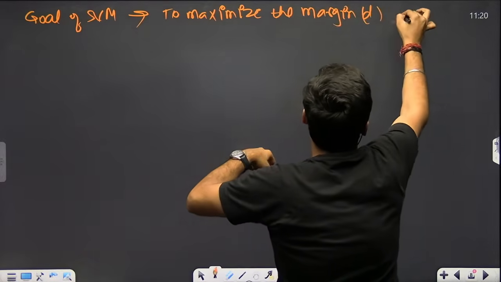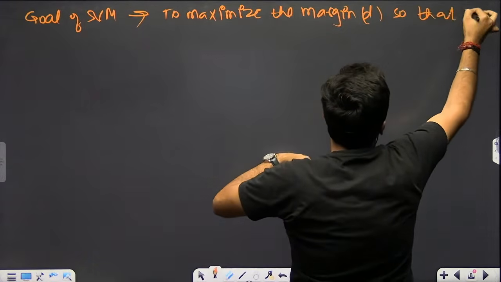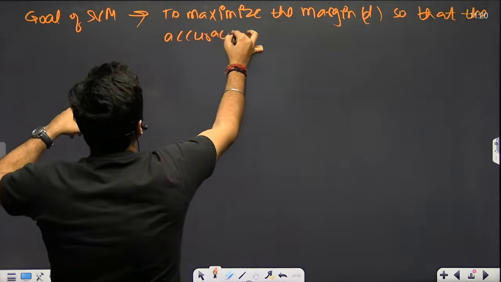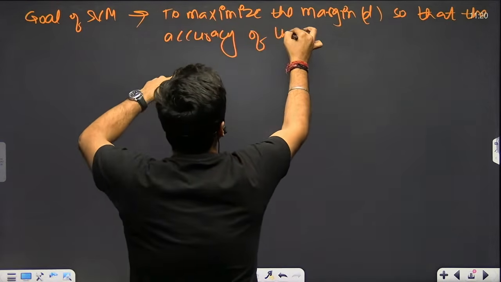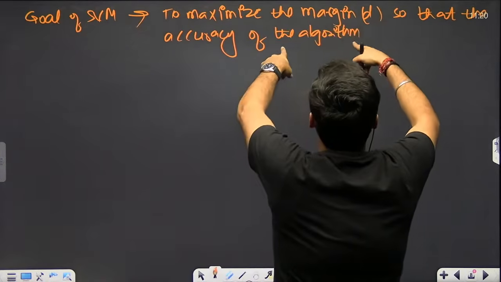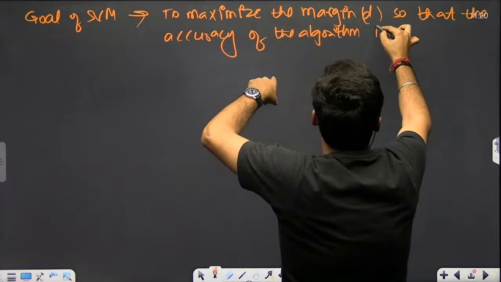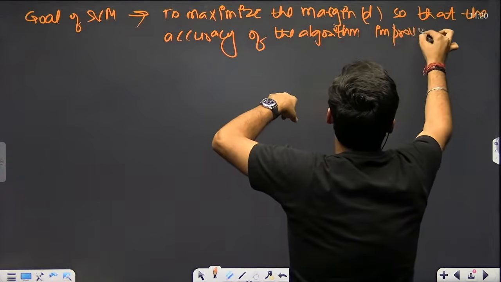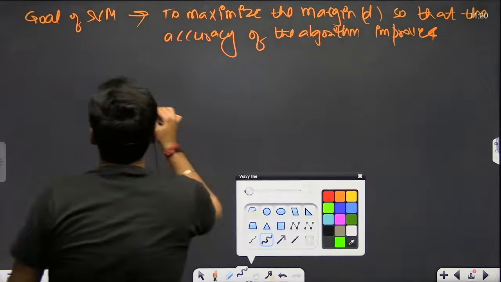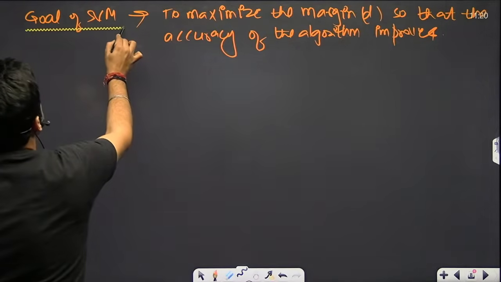D. So that the accuracy of the algorithm improves. I need to maximize the margin so that the accuracy of the algorithm improves. So this is the major goal of the support vector machine.